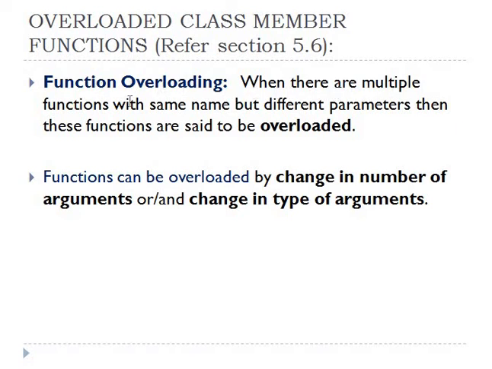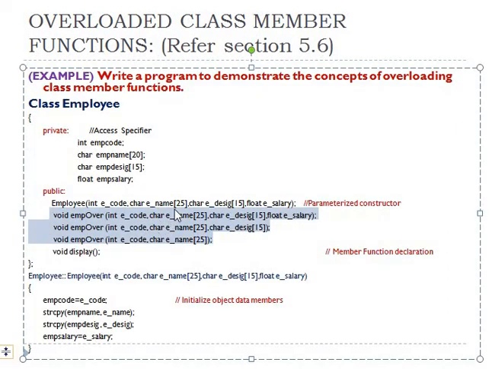When there are multiple functions with the same name but different parameters, those functions are said to be overloaded. If you look at each of these three member functions for the class employee, they have the same name, emp over. The only thing they differ in is the number of parameters.